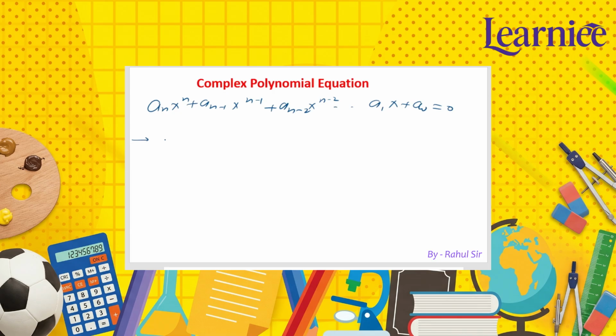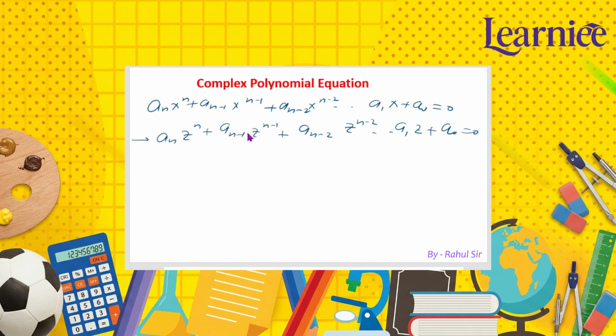So in general, if you talk about the complex polynomial equation, we write it like this: a_n z^n + a_{n-1} z^{n-1} + a_{n-2} z^{n-2} up to a_1 z + a_0 = 0. This is exactly the same as your real polynomial, but the only difference is the coefficients.